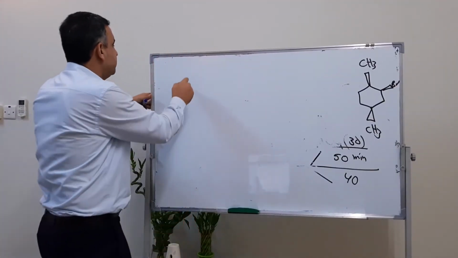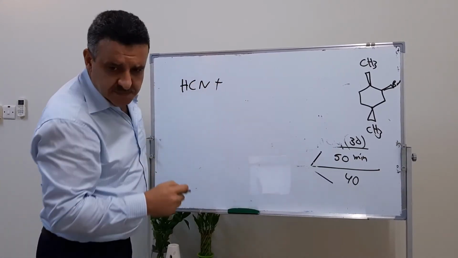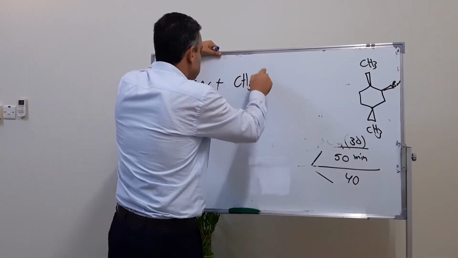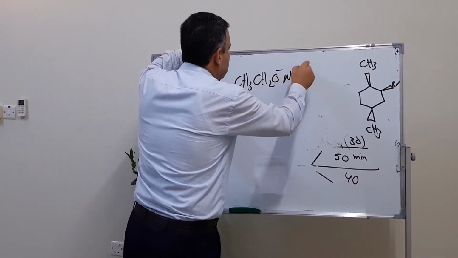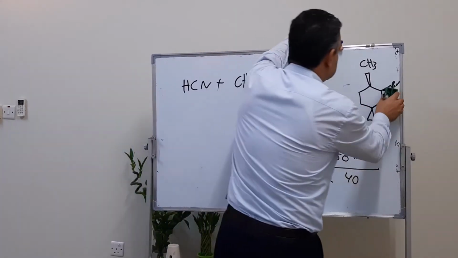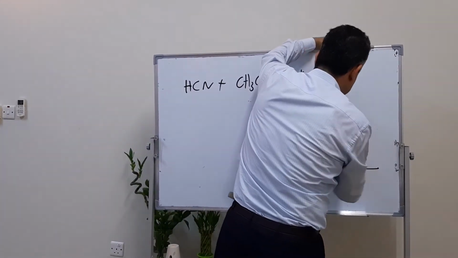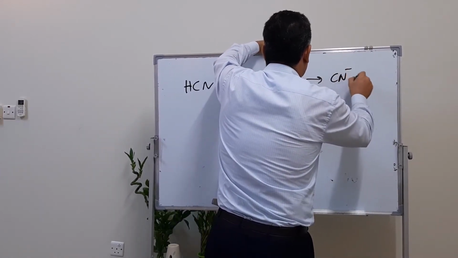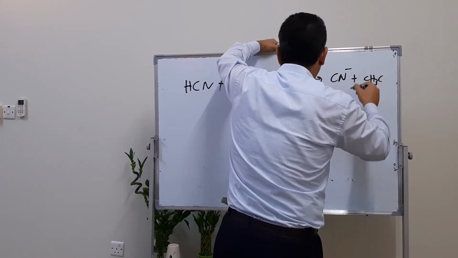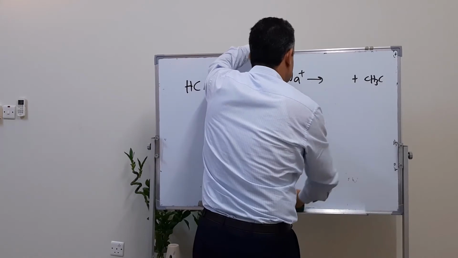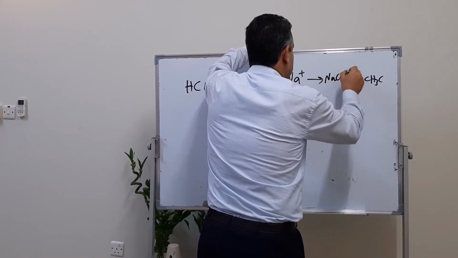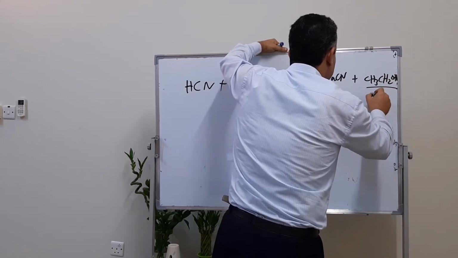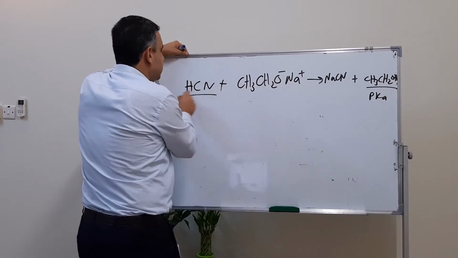So we have HCN plus CH3CH2O minus Na plus going to CN minus plus CH3CH2OH, that is NaCN plus CH3CH2OH. Now what's the pKa of ethanol and what's the pKa of HCN?